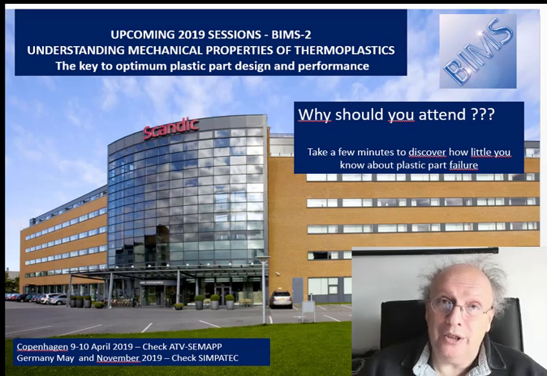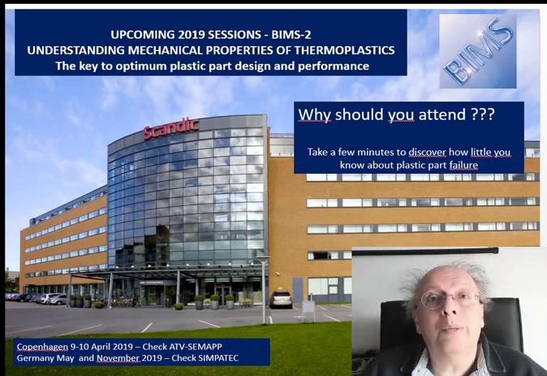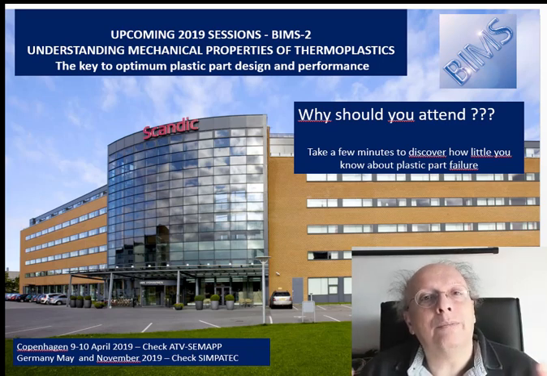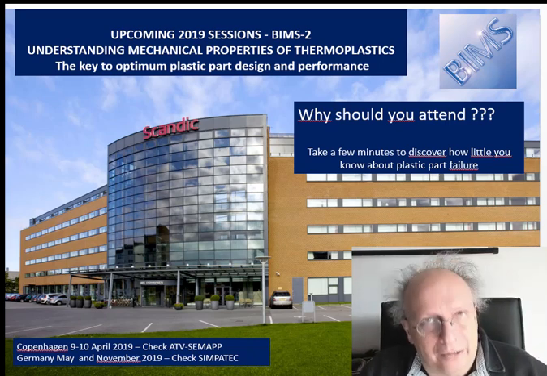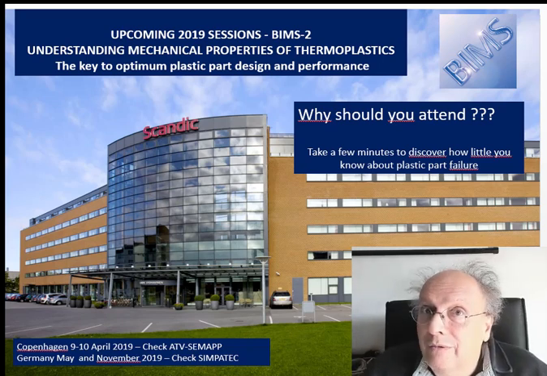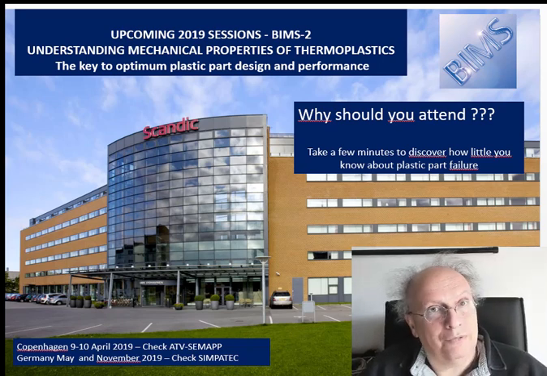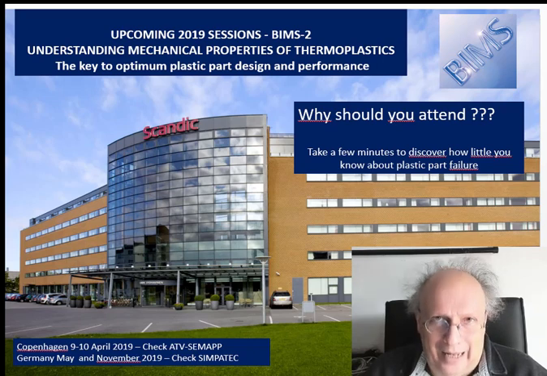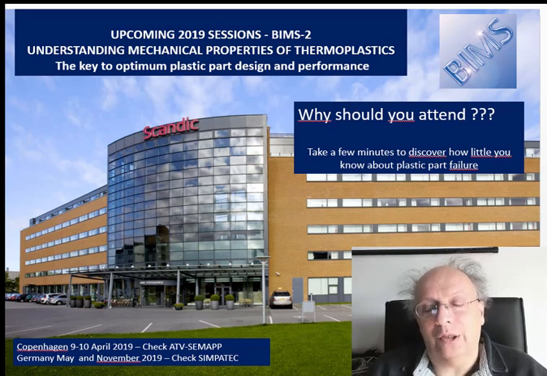So von Mises only contains shear components. Shear components of your load can only promote failure in a ductile way. So if you look at von Mises and as a failure criterion you use a yield stress of your material, you will never, ever, ever be able to predict brittle failure, okay?